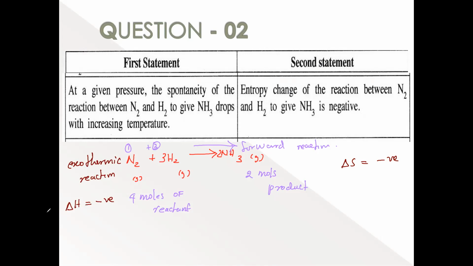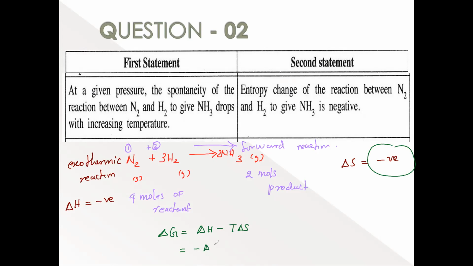So now you can go for the spontaneity equation of the reaction. What is the equation? Delta G equals delta H minus T delta S. As we said, this is negative, and this is also negative.